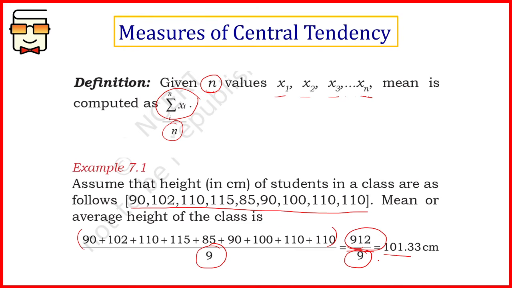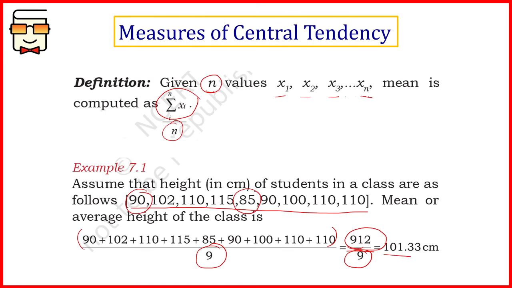So the mean is generally the representative value. That means if you want to summarize your data using a single value, then that is the mean. Mean reflects that all the other values are present very close to this value, either in the negative direction, closer in lesser values, like the value 90 here, like the value 85 here.